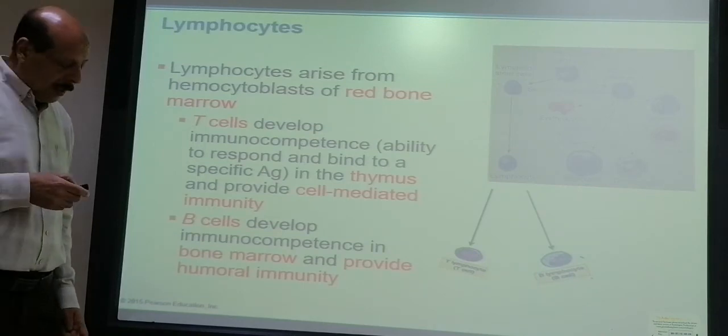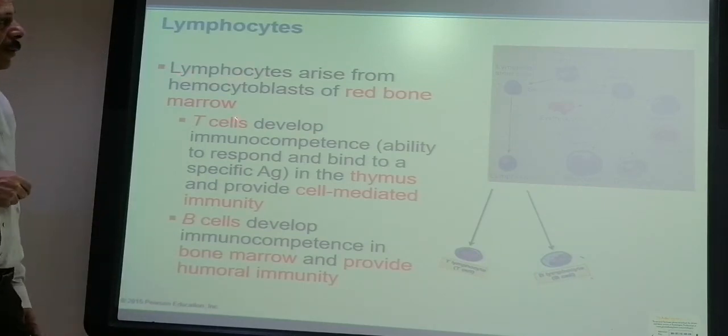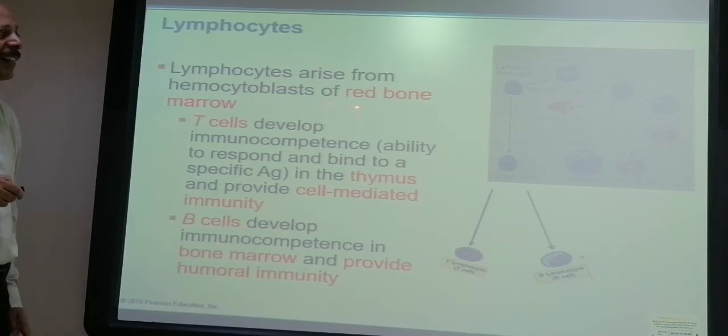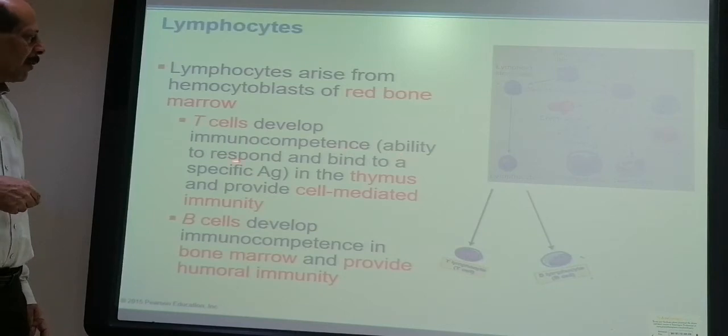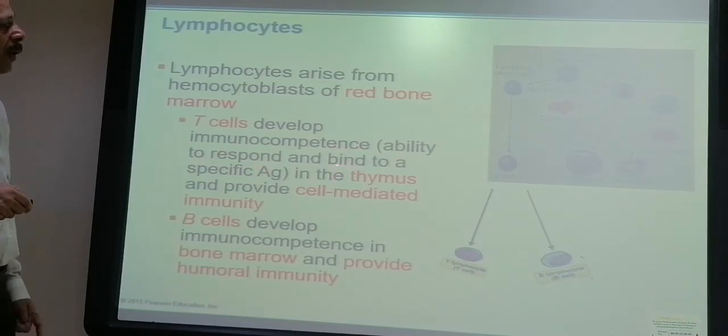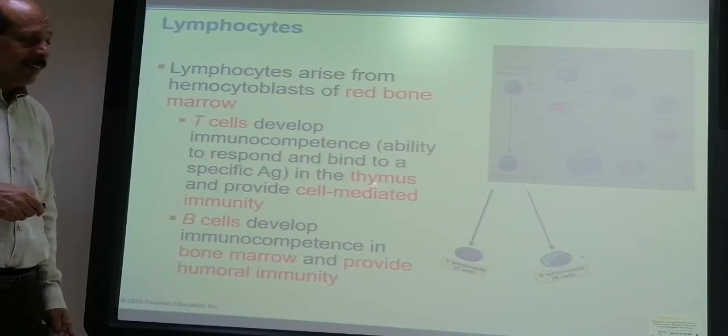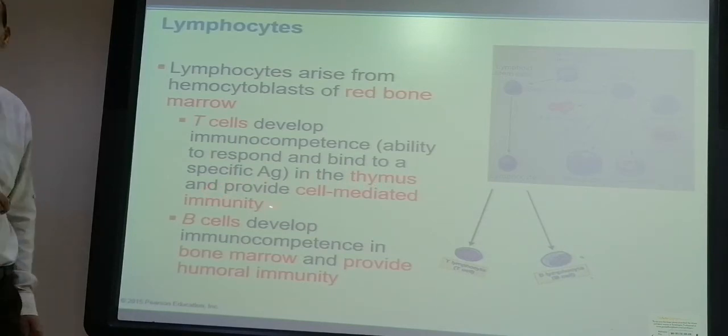So the lymphocytes, from the previous session on blood, you remember, arise from the lymphoid stem cells in the red bone marrow. The T cells develop the immunocompetence, the ability to respond to and bind to a specific antigen, in the thymus gland. Where is the thymus gland?